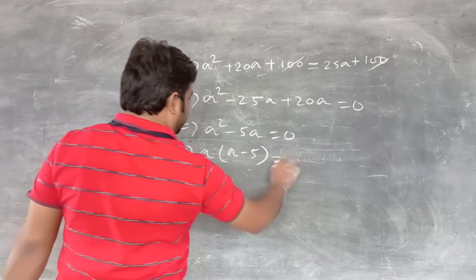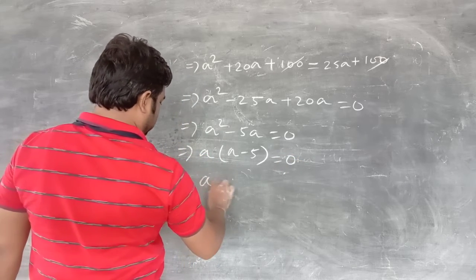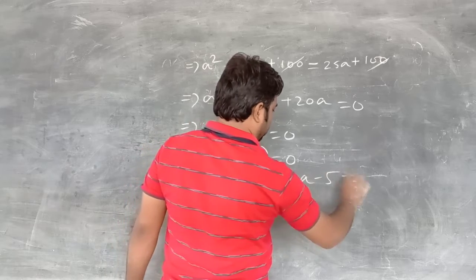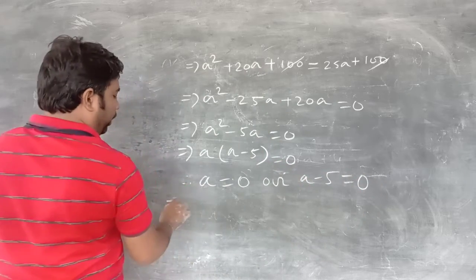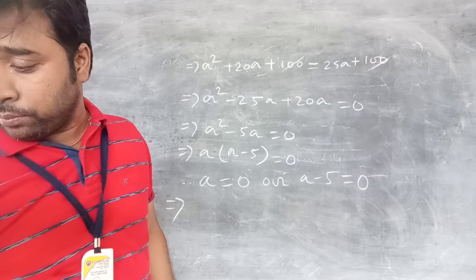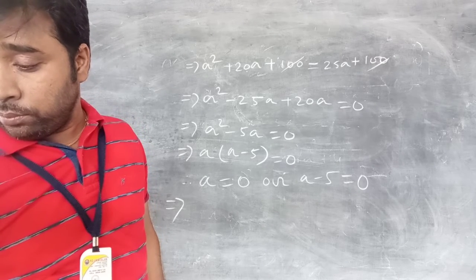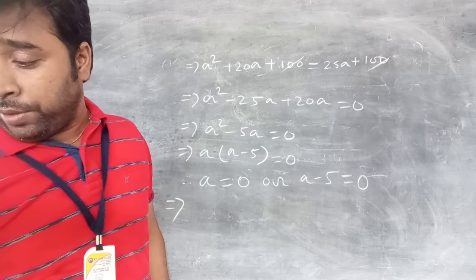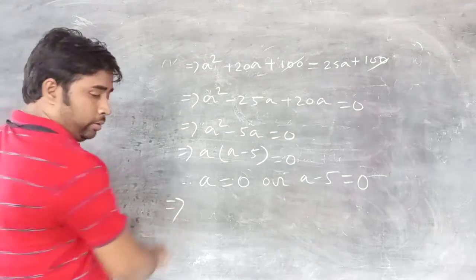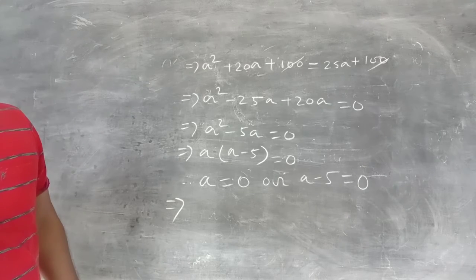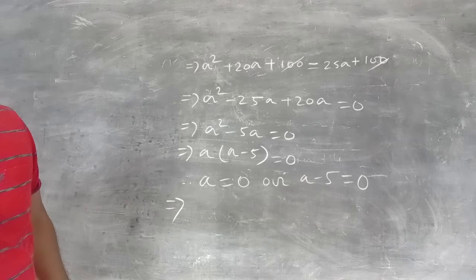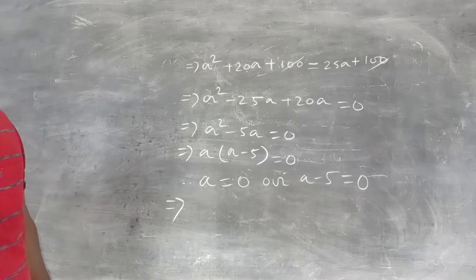So a equal to 0 or a minus 5 equal to 0. Put the value of a. What is the value of a? x square minus 5x. In the beginning we considered x square minus 5x equal to a.